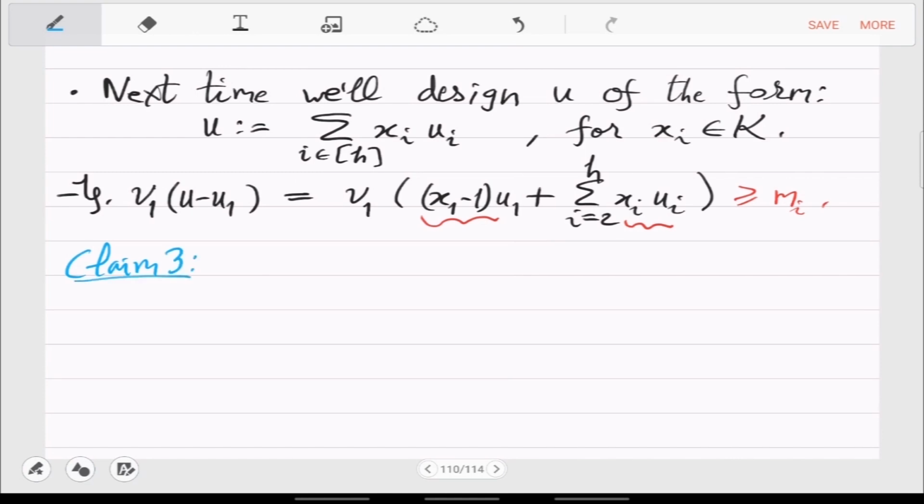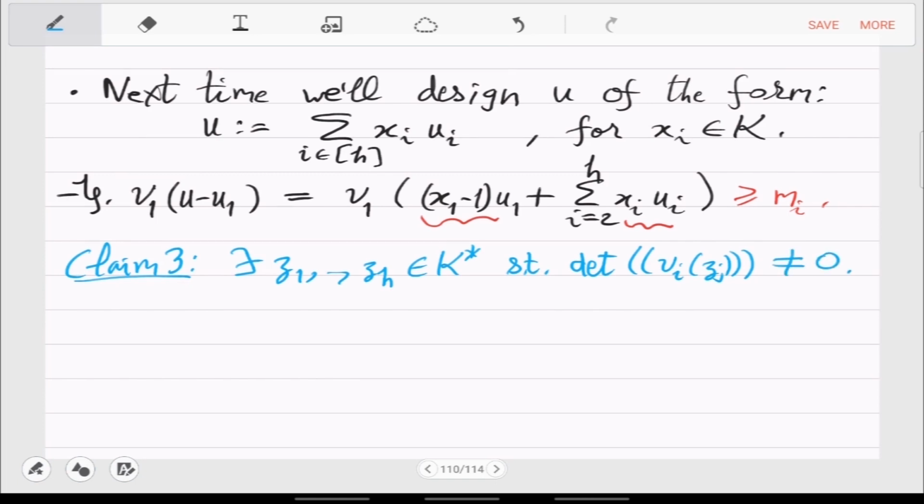So I want to show that there exist functions z1 to zh in the function field such that the determinant of the matrix Vizj is non-zero.